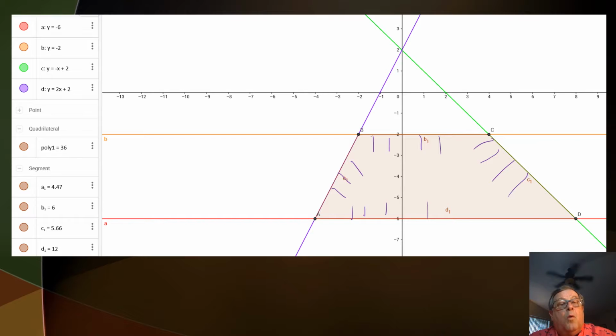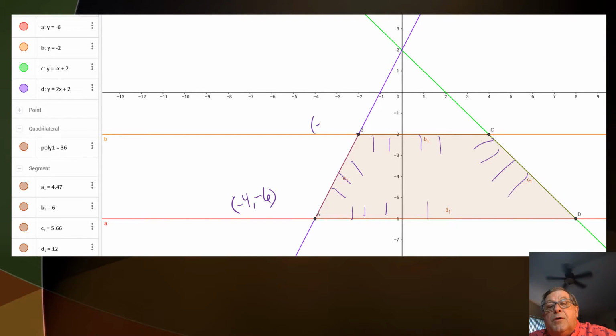So let's see where the vertices are. I've got one here at point A, when x is -4, y is -6. So I've got a vertex at (-4, -6). I've got one right here where x is -2, y is -2.